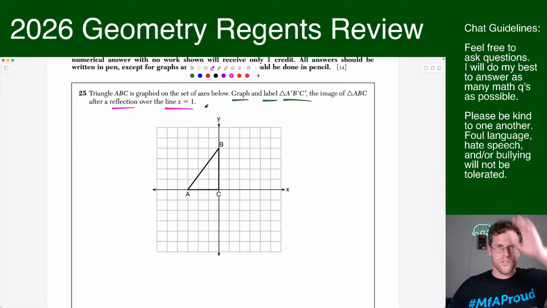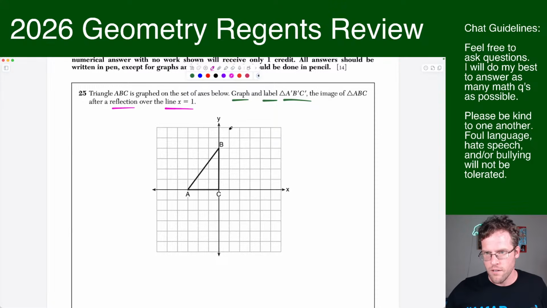So x equals 1 is a vertical line, and it would look like this. And when you reflect, just count boxes. So 1 to the right, and I go 1 more. That would be B prime. 1 to the right, 1 to the right. Now this one I have to go 1, 2, 3, 4.